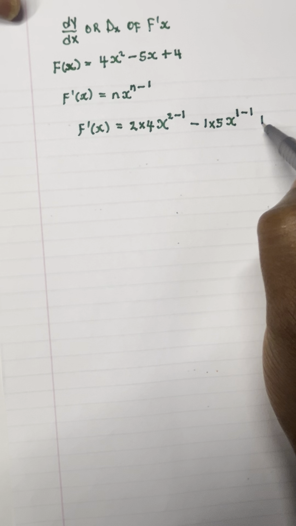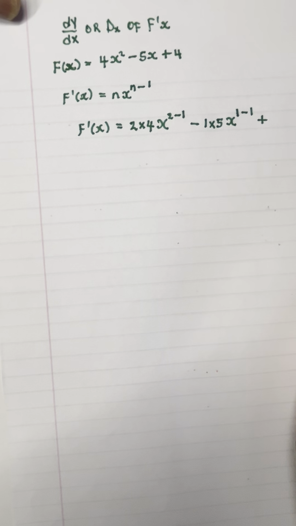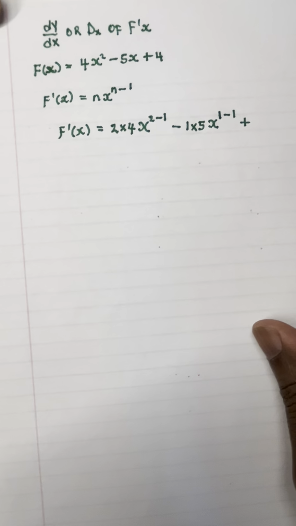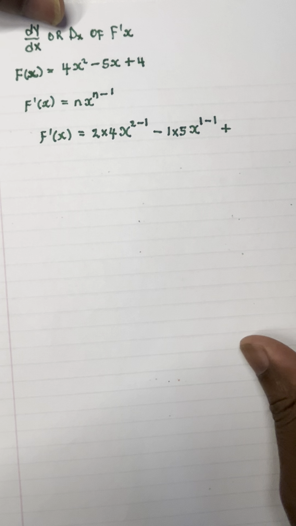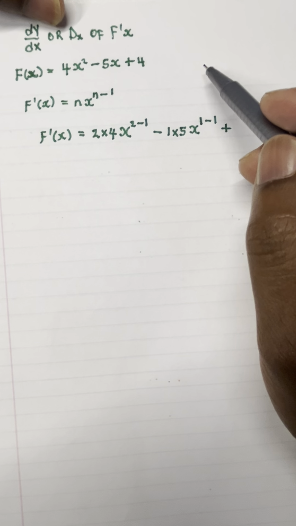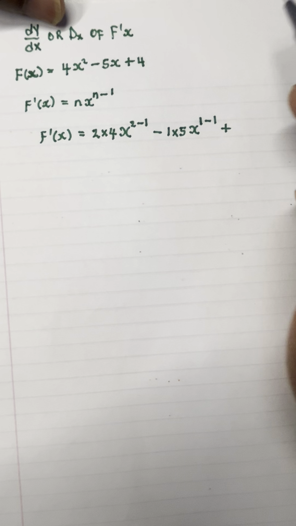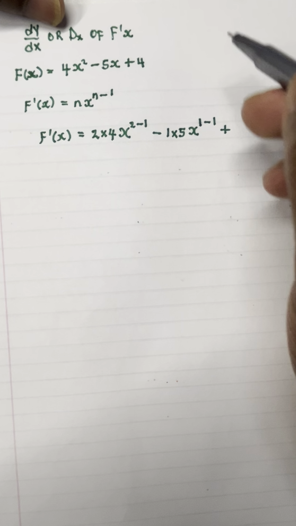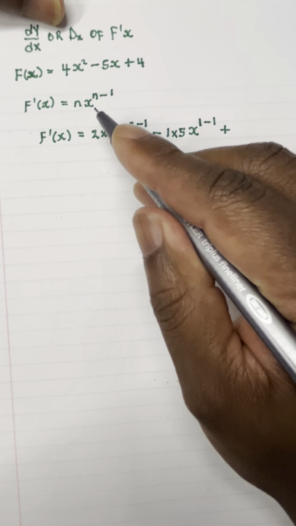Okay, and then plus. This number over here, we call it a constant. Anything that doesn't have a variable, when we begin taking a derivative, it's called a constant. So a derivative of a constant equals 0 because we do not have what?